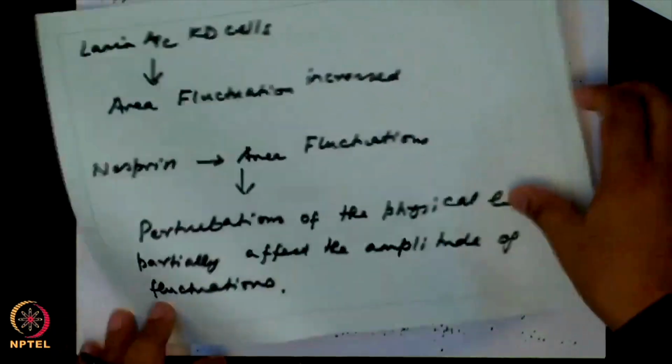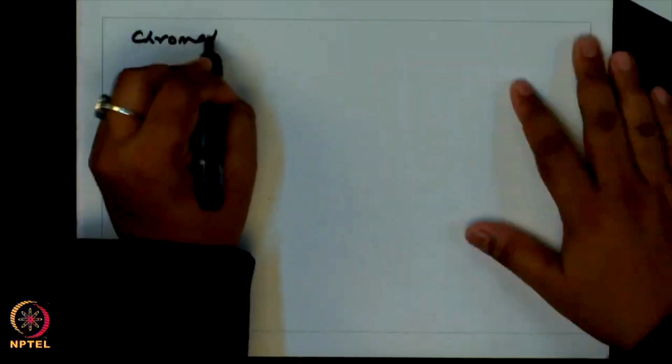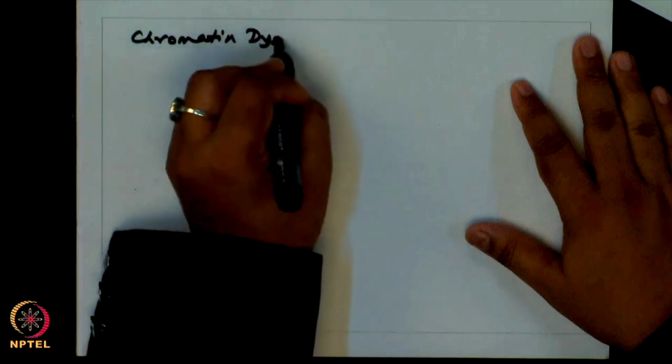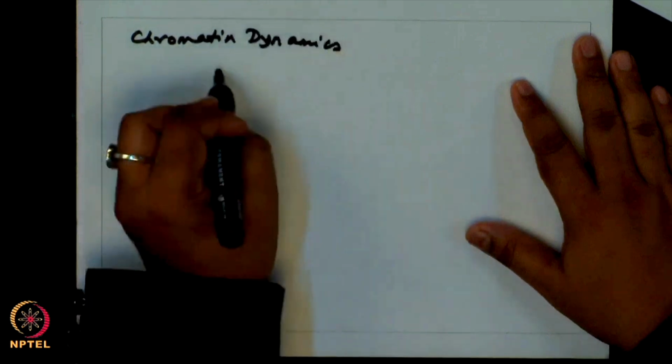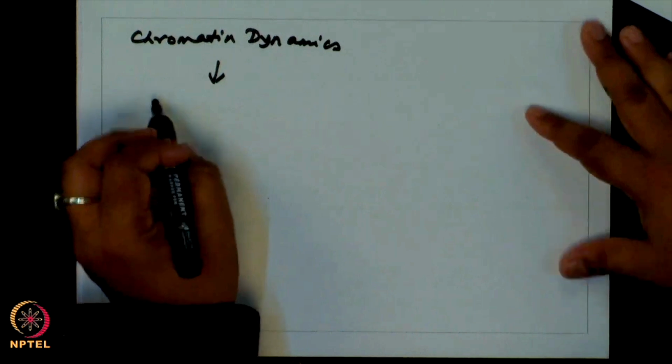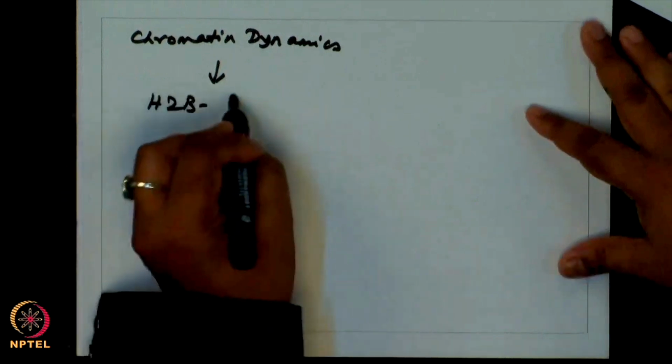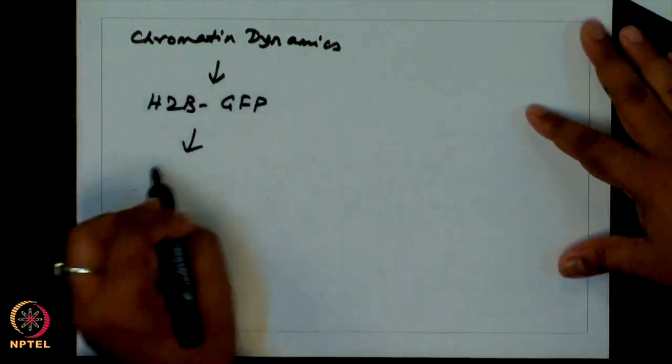As the last step, they tracked chromatin dynamics by labeling with H2B-GFP and tracking foci.